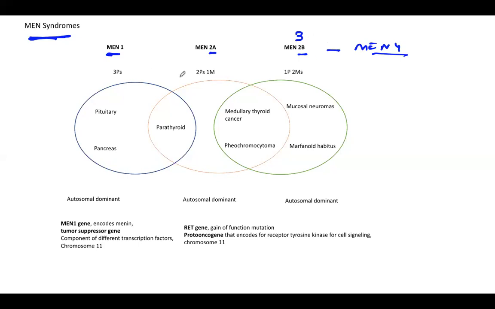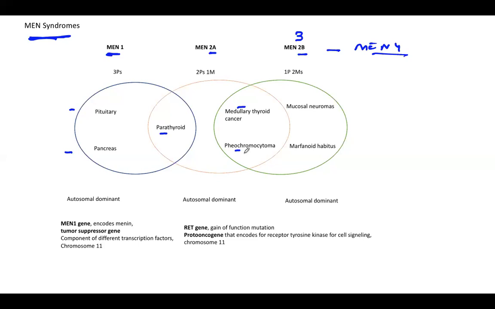So these are the syndromes, as the name says, multiple endocrine neoplasia, that involve different endocrine organs. But what organs? There are not plenty: pituitary, pancreas, parathyroid, thyroid, and adrenals.